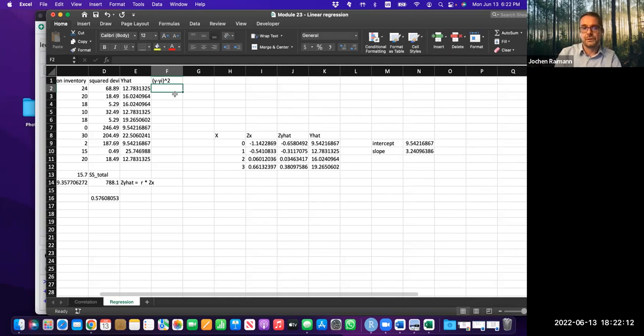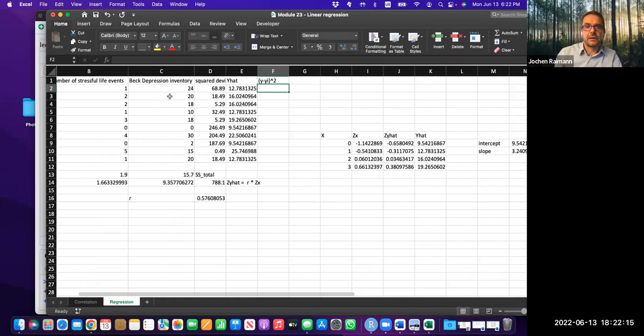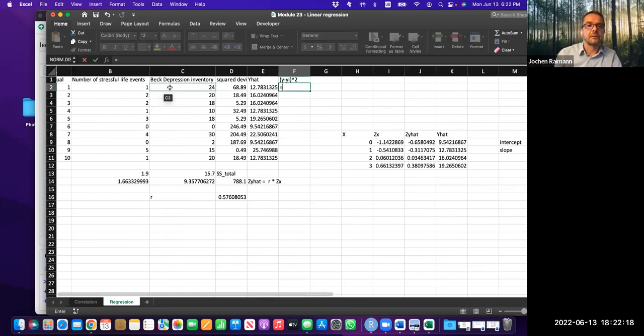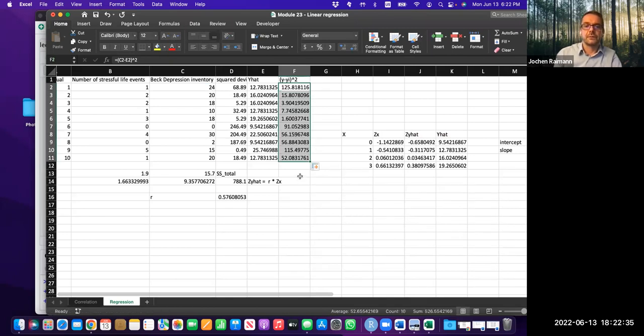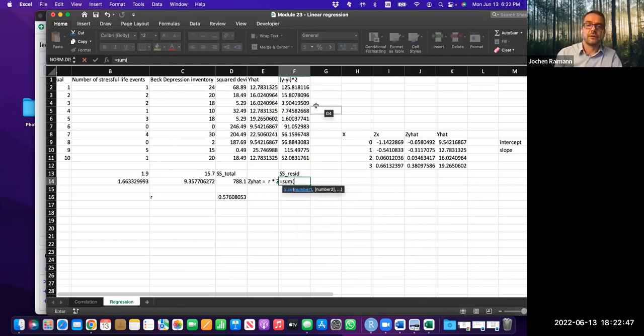So we're calculating our yi, that's our y, minus yi, and we're squaring this. This is now our SS regression. Now this is SS residual. This is our leftover variability. This is what's left.